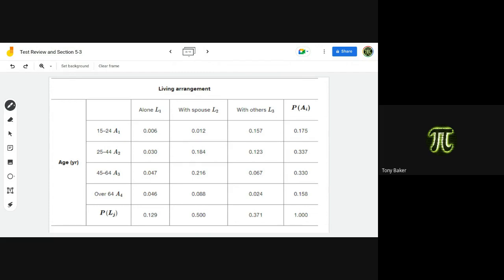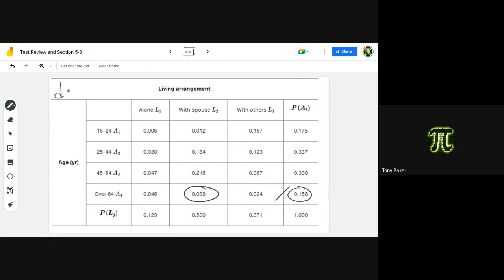So in this situation, we're going to take that 0.088 and divide that number by if they are over 64, which in this case is 0.158. Okay?